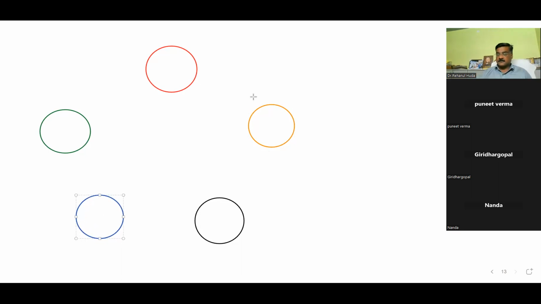If these 5 organs are okay, if these 5 organs are fit, then your body is normal. For all kinds of diseases, we can treat these 5 organs only. If we treat these 5 organs, we can treat all kinds of diseases of the body.